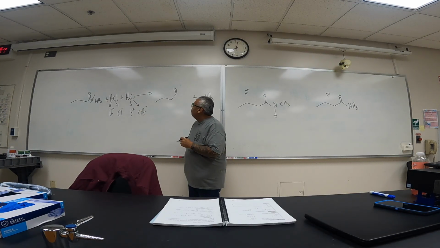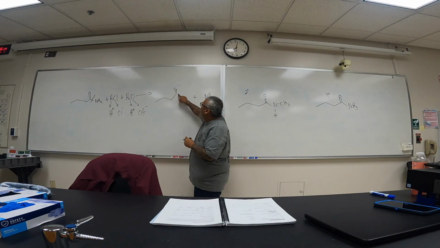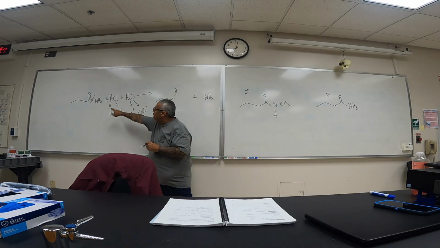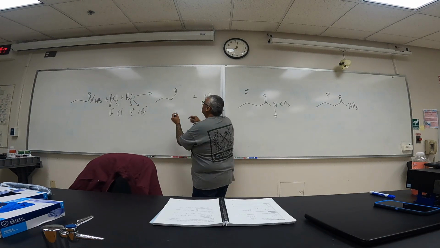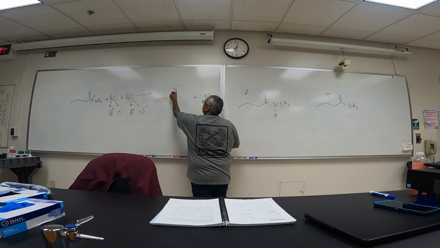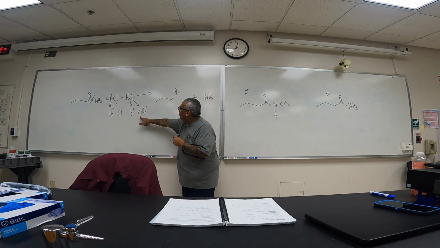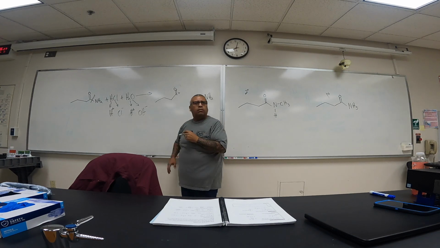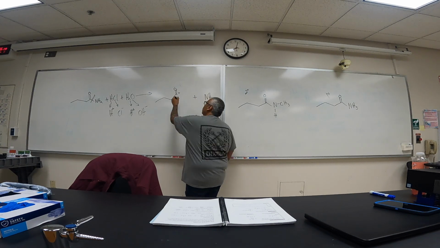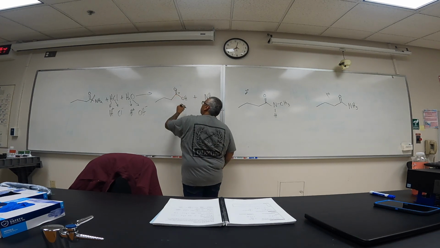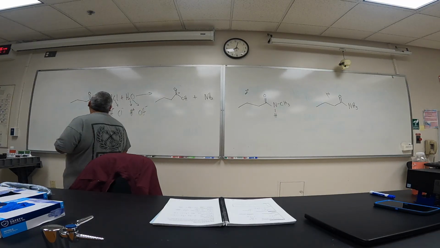So we've mentioned this before. If we remove this here, this carbon that's in here is going to become positively charged. Right? And we have this hydroxide here. So we're going to get a carboxylic acid from this.